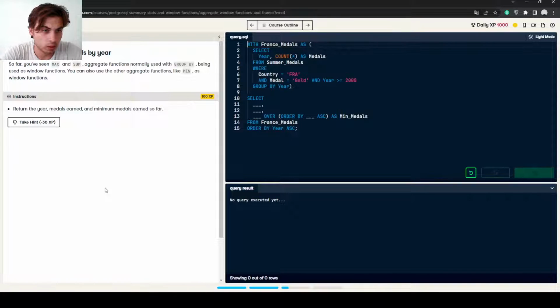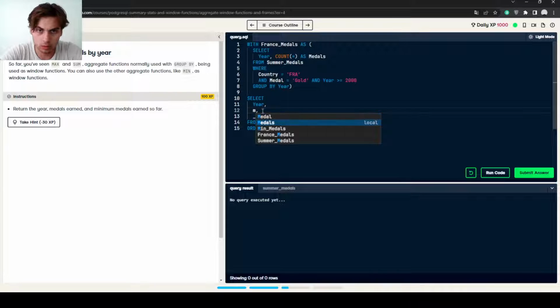Return the year. Хорошо. Year, medals, and minimum medals earned so far. Min medals.